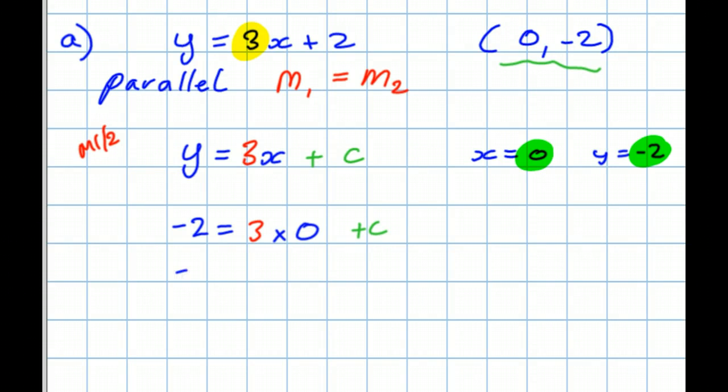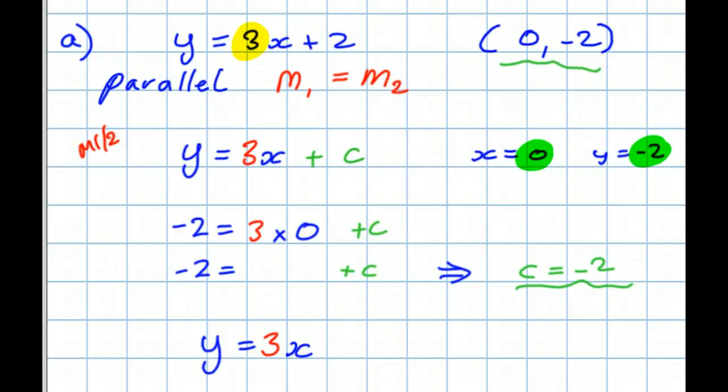Let's simplify that. So minus 2 equals plus c. Well, I've got it, haven't I? I've got that c must equal minus 2. And now the full equation of the line, the answer to the question, is y equals 3x minus 2. Done it.